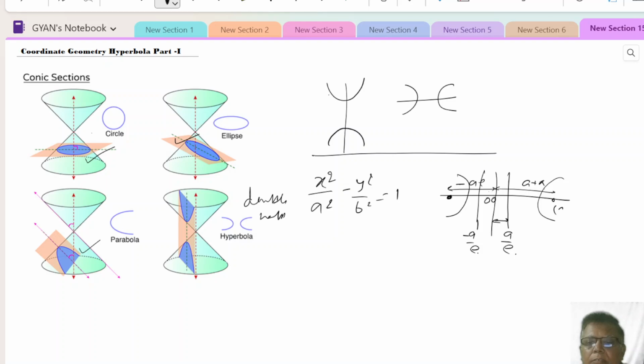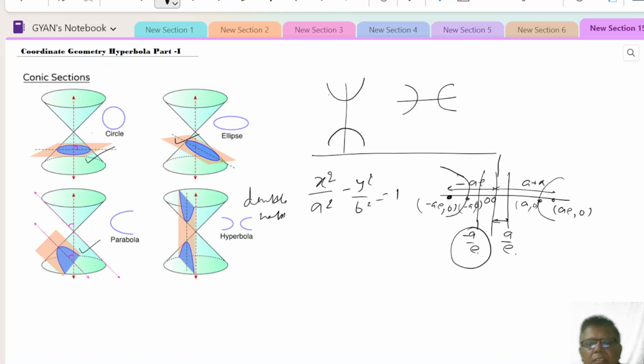So this coordinate will be ae comma 0, and this coordinate will be minus ae comma 0. The vertex is a, 0 and this vertex is minus a, 0. You will see that this is similar to the ellipse, with the same thing, directrix there also.